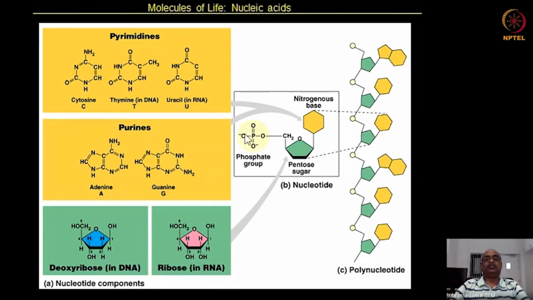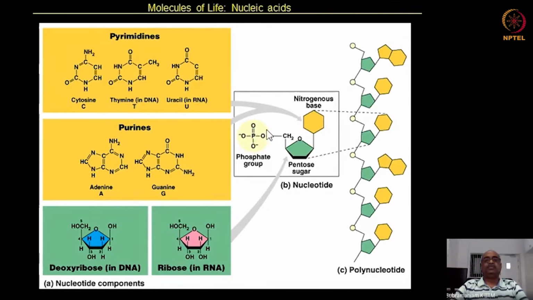The hydroxyl group here is an inorganic acid. This is an acid moiety, not to be confused with the alcohol group that you will find in an organic molecule. An organic acid is a carboxylic acid, COOH. Here it is H3PO4, and these are the 3 acid groups.